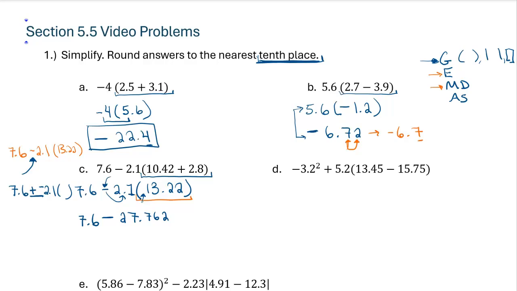If it's confusing as to whether you include the negative in the number, first of all, you always include the negative when it's in front. But if you forget that regularly, I would always rewrite subtraction as plus a negative. Then I think it's easier to see that, oh yeah, I am actually multiplying by a negative 2.1. So I highly encourage you to play with that a little bit and decide what works best for you.